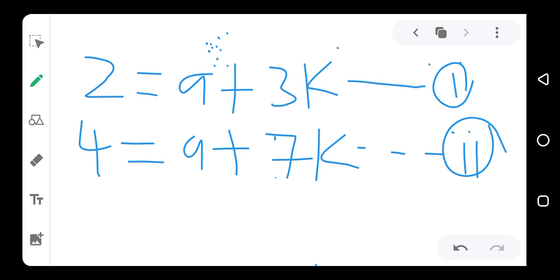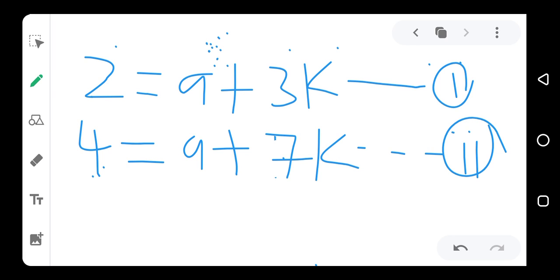You cannot say here 4 minus 2 and you come here, you say 3 minus 7. If you are minusing the first one from the second one, you must minus all the terms in it. And if you are minusing the second one from the first one, you must minus all the terms in it.